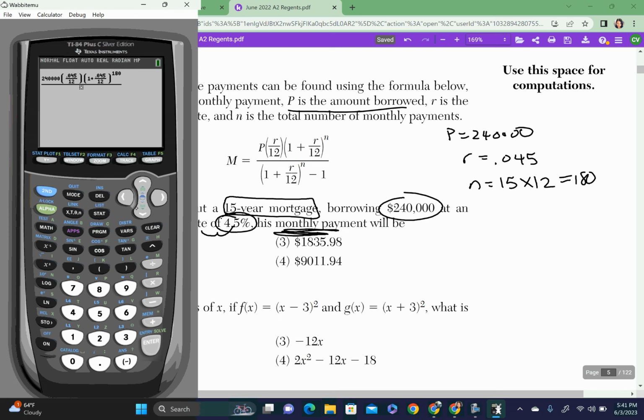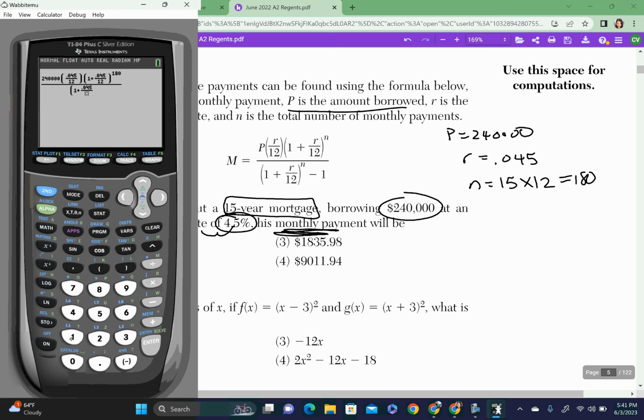So 180, and then on the bottom, parentheses, 1 plus alpha y equals, and our rate is 0.045.